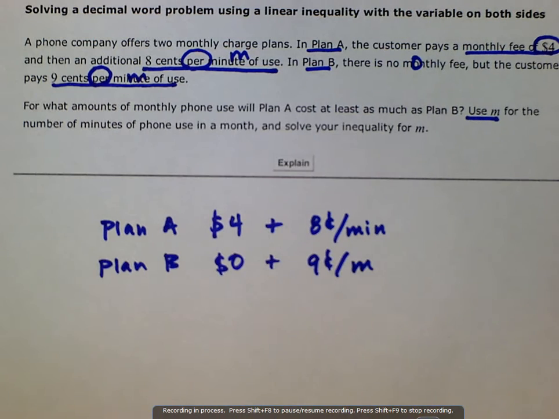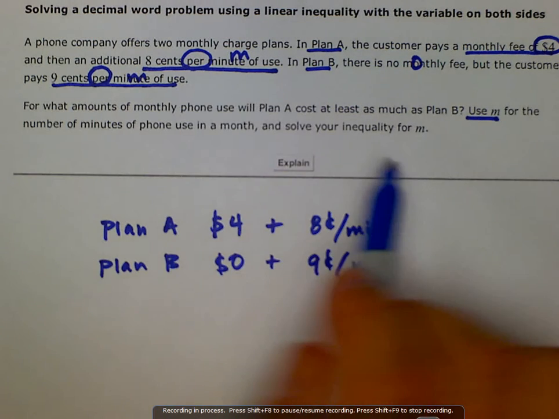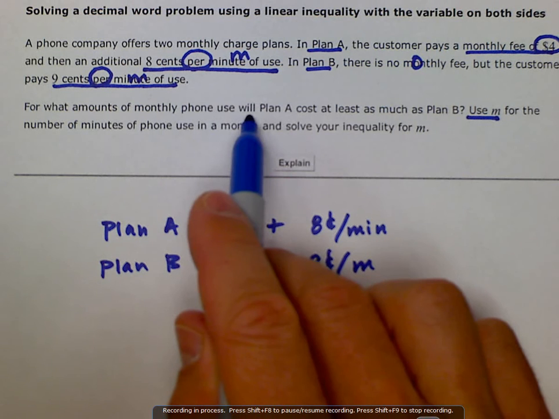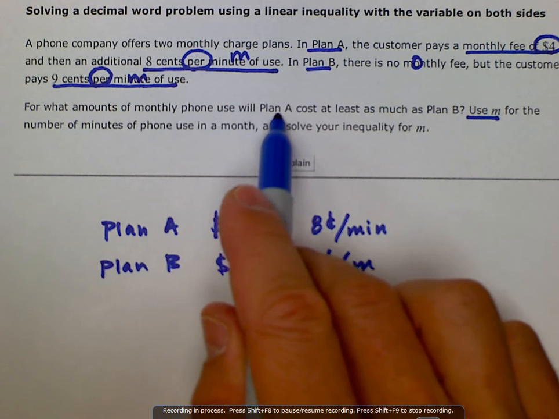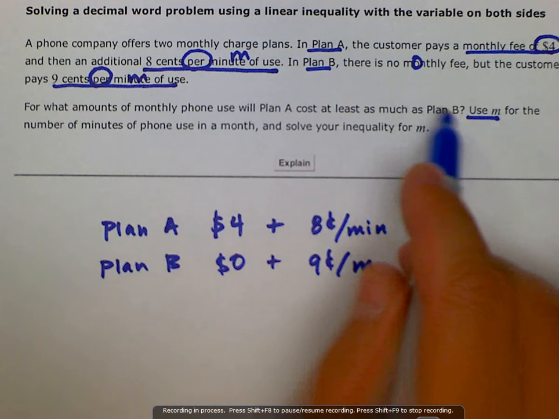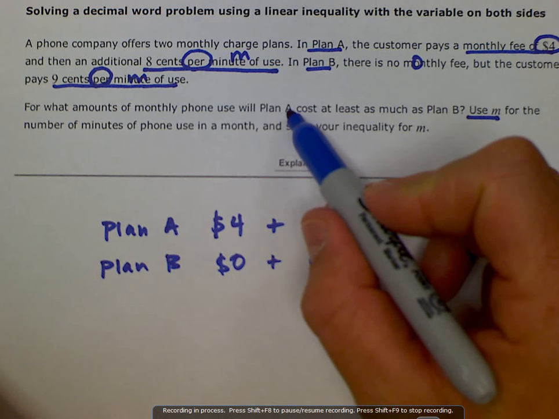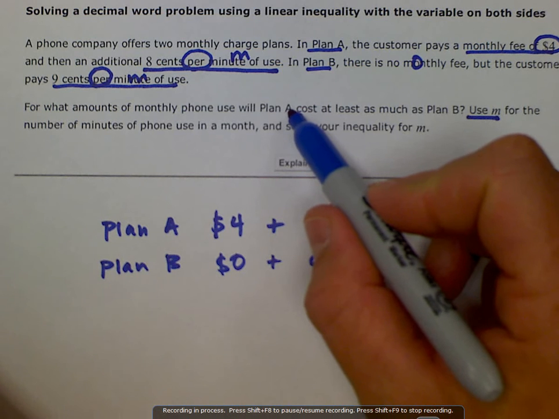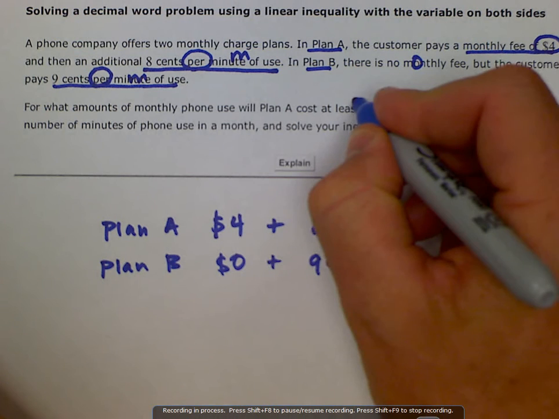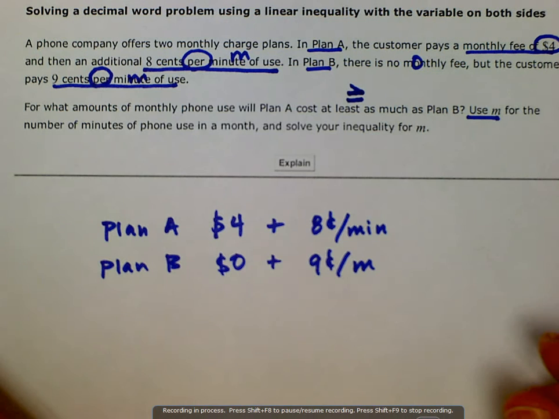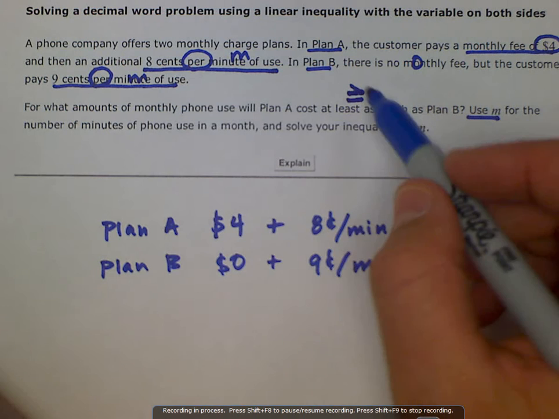So it's asking, for what amounts of monthly phone use or minutes will Plan A cost at least as much as Plan B? So it's saying Plan A can be at least as much, meaning it can be equal to or it can be more than Plan B, but it has to be at least the same as Plan B. So we're just creating an inequality.